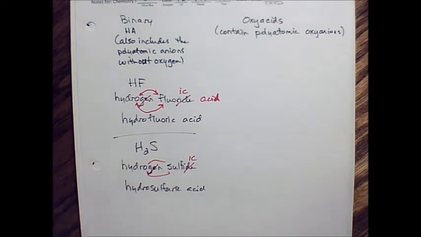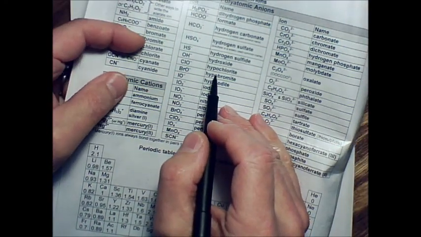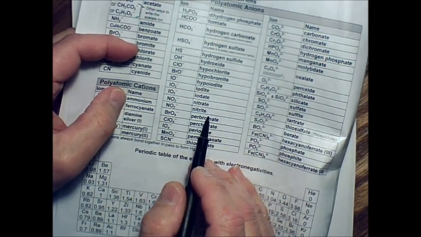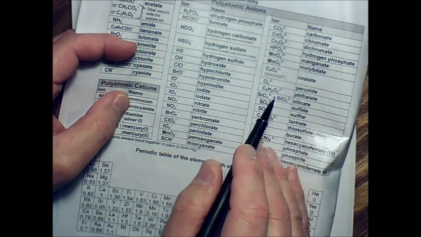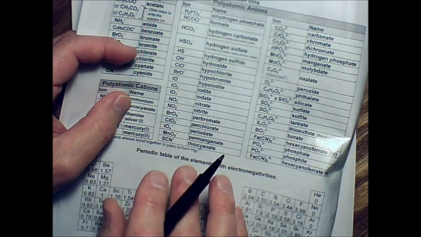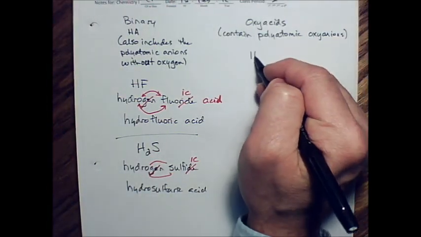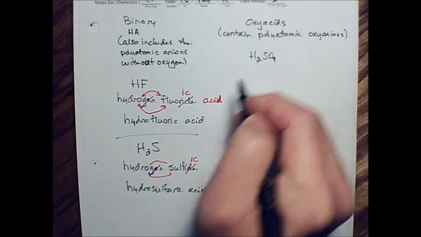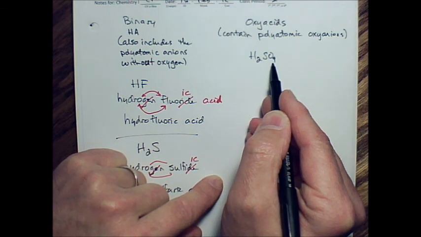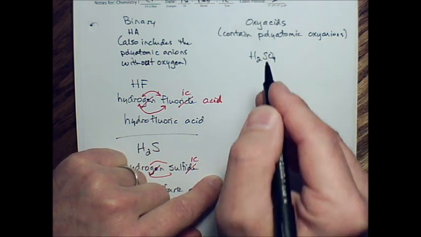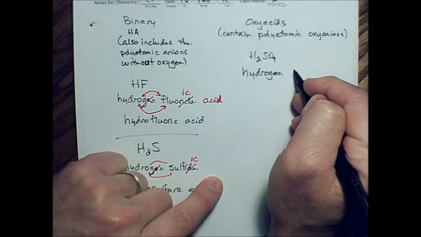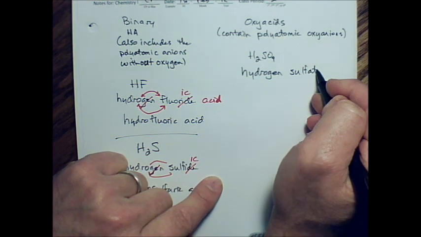All right. Oxyacids. All the polyatomic ions with oxygen in them, except for hydroxide, have ite or ate endings, okay? So let's look at this one right here, H2SO4. We're going to name this like an ionic compound. This is sulfate. SO4 2 negative is sulfate. So it's hydrogen sulfate. Okay?